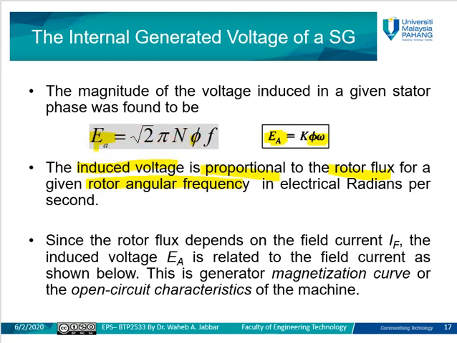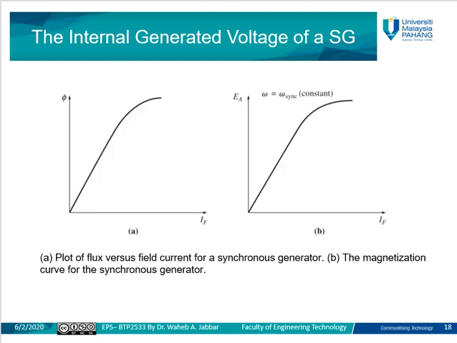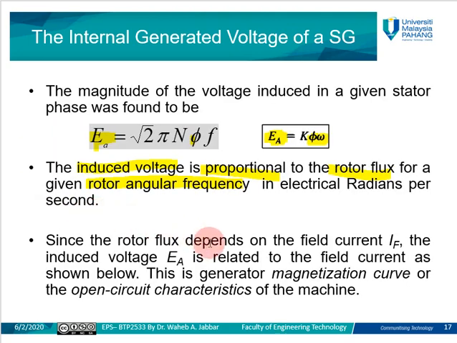According to this graph here, we can see the relation. This graph represents the magnetization curve, the open circuit characteristic of the machine.